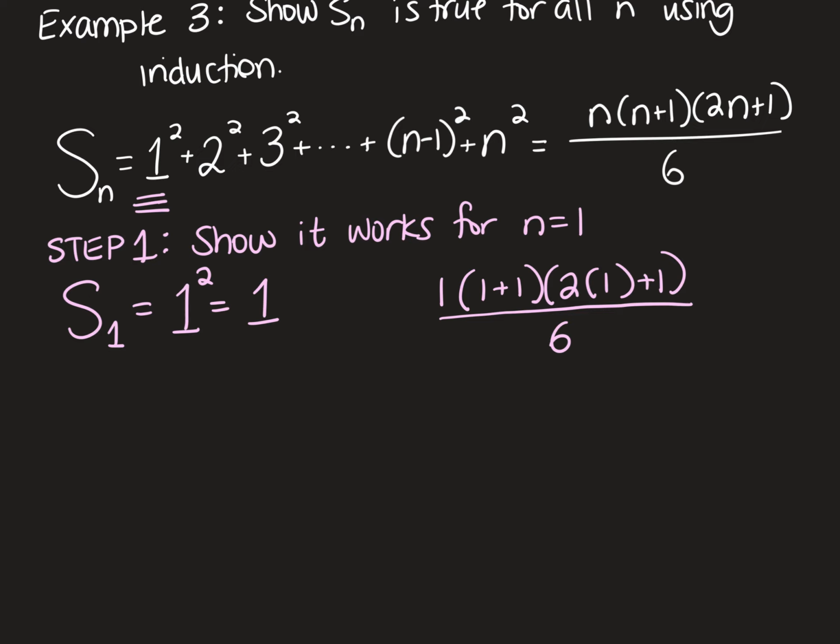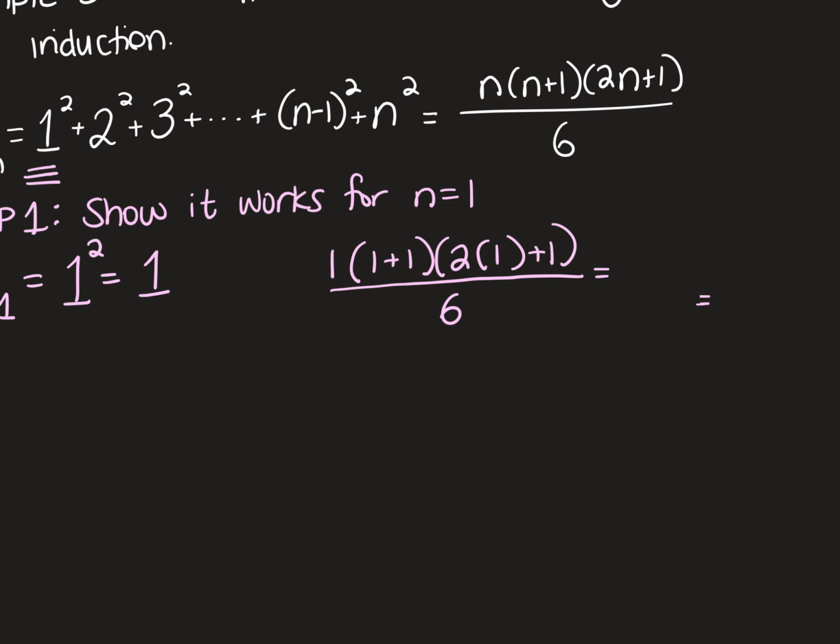And then let's simplify that. So I will have 1 times 1 plus 1, which is 2, times 2 times 1, 2, plus 1 is 3, all over 6.